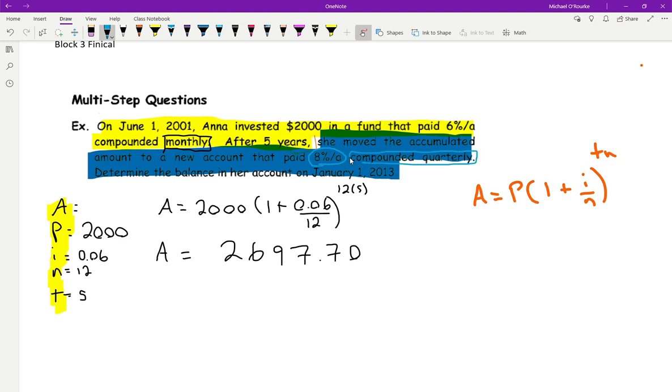We have to change the 0.06 to 0.08. And quarterly's 4. 0.08, you gave me that. This is this number. And then you do 2006. And what's my time? 7 years? Yeah. 7 years. Yep.